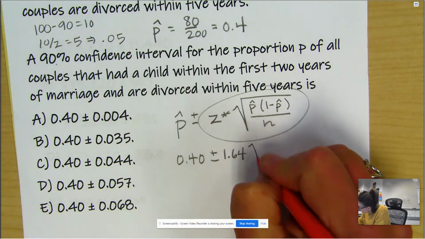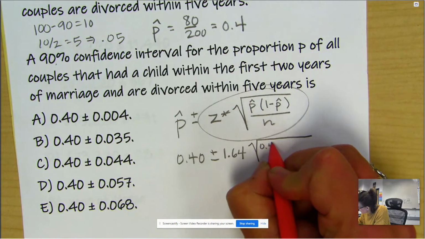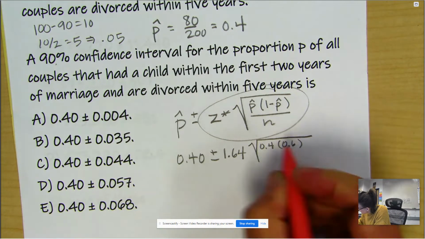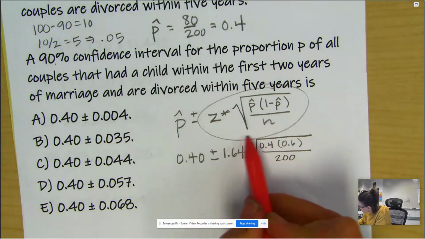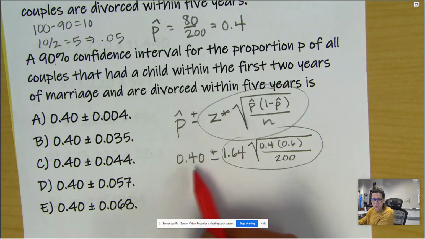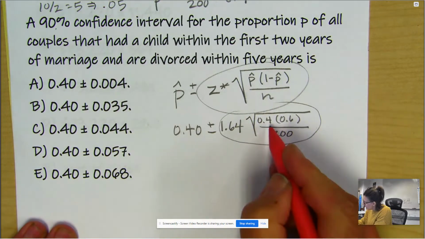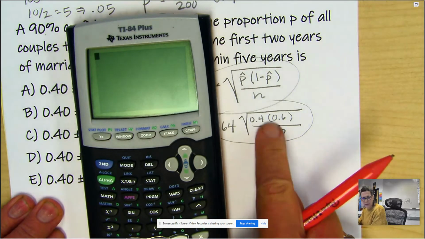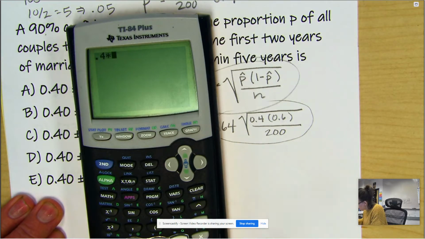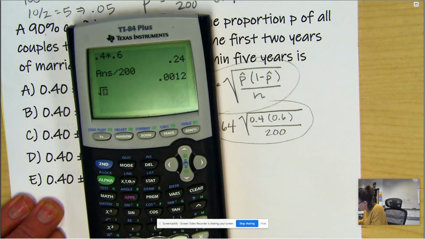So then p hat is 0.4, 1 minus p hat is 0.6, and n, she has sampled 200 people. Okay, so this is what I need to simplify here, because I'm not going to do the whole lower bound, upper bound, because my answers are in this form. I find it easiest, even if you don't have a great calculator, to just do this math here. 0.4 times 0.6 equals, divide that by 200, take the square root of the answer.